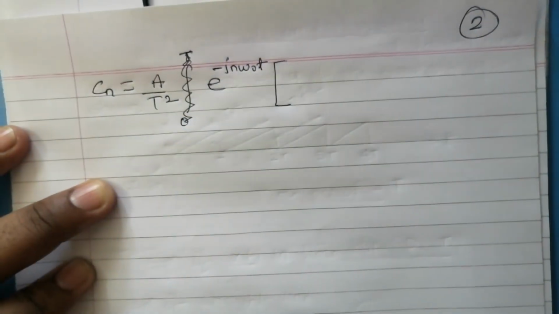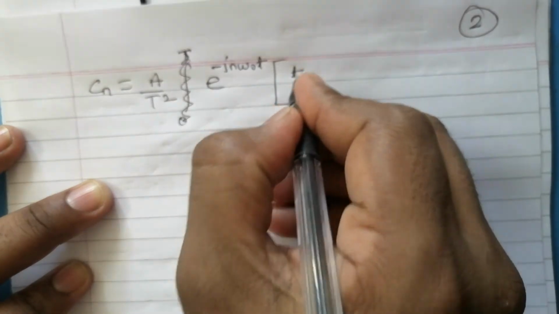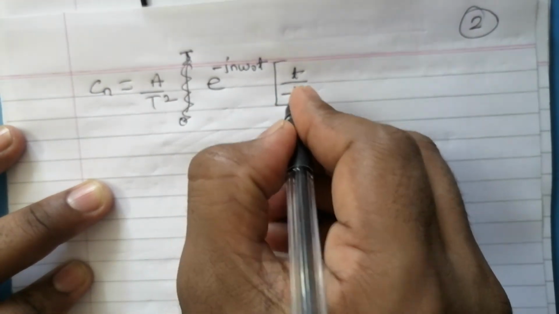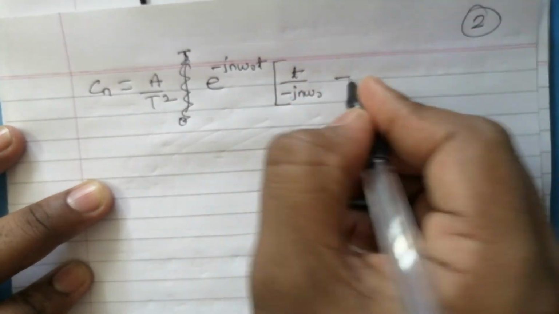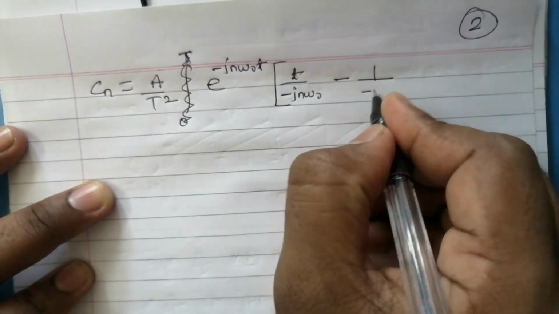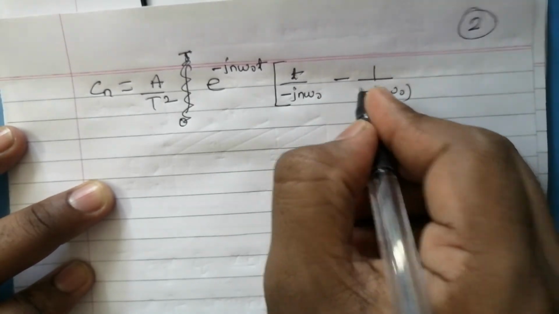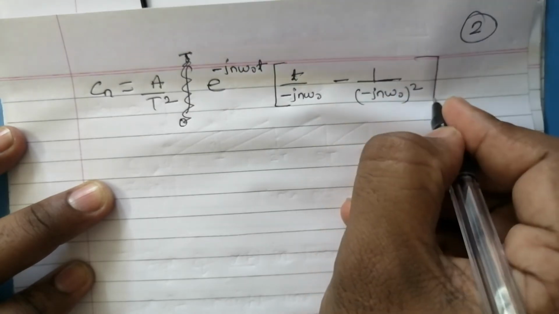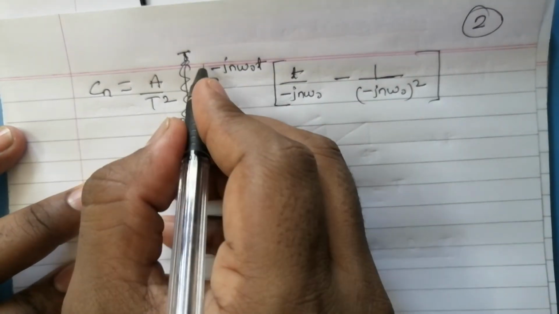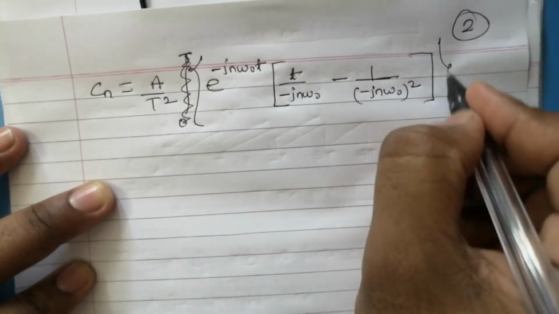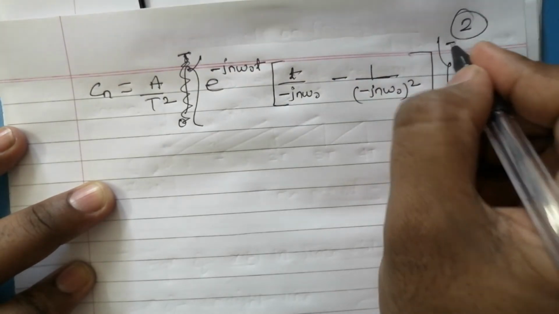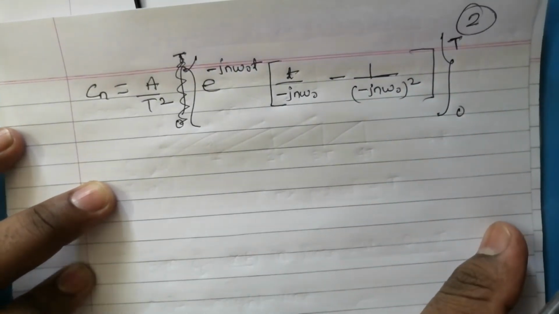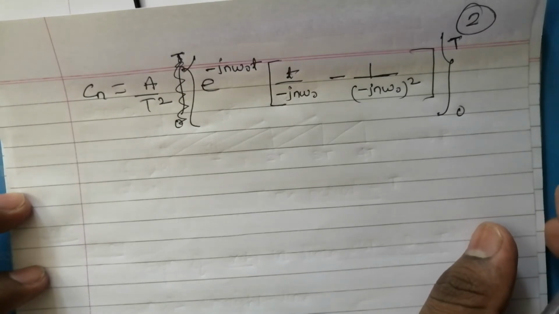Then bracket t upon minus jn omega naught minus 1 upon minus jn omega naught the whole square. And then we have to place our limits 0 to T.